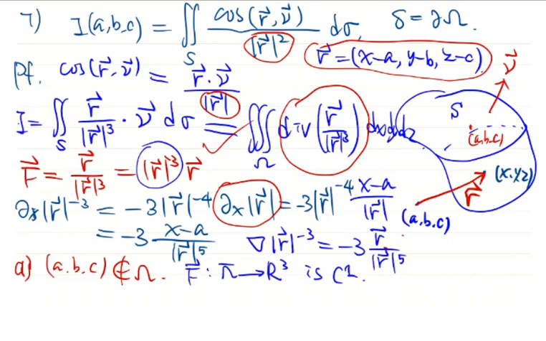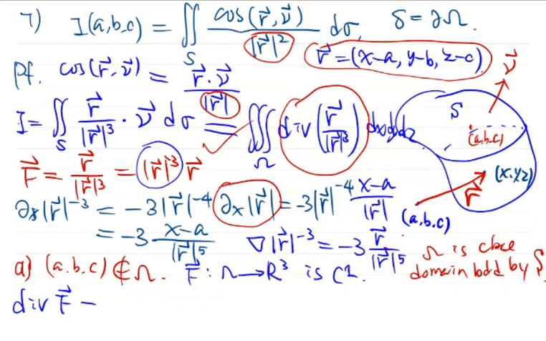Omega is the closed domain bounded by S. Okay. The divergence of F is the divergence of the norm of R to the power minus 3 times R.